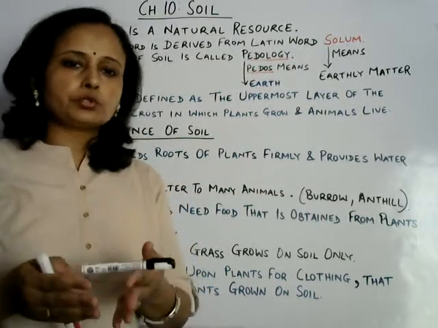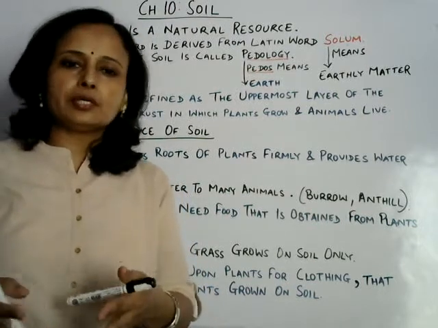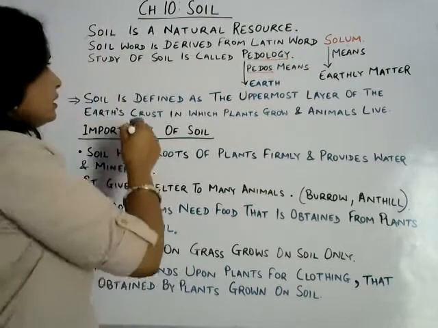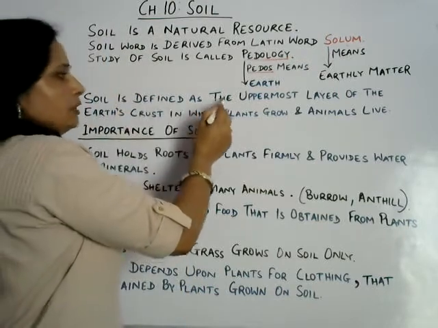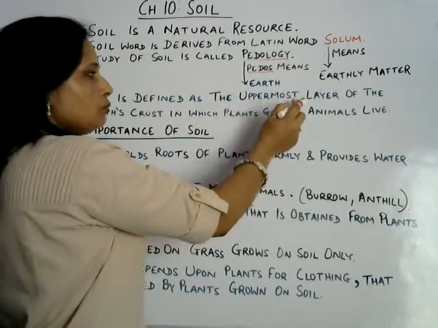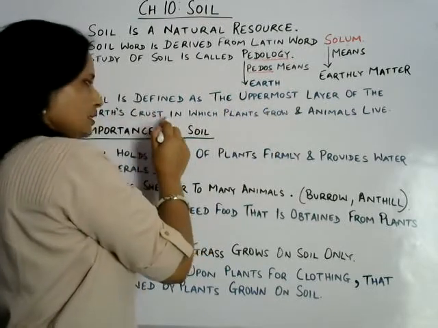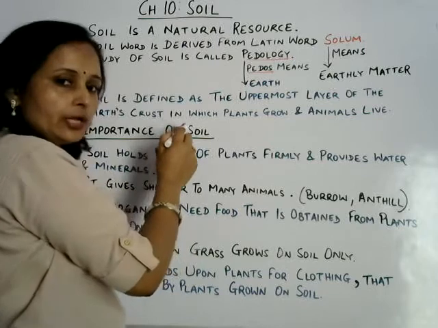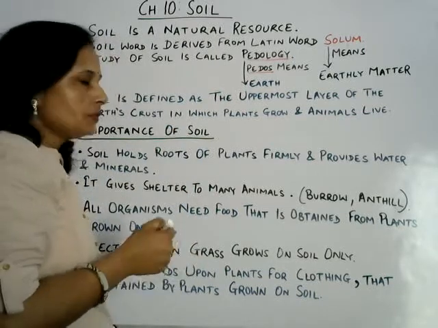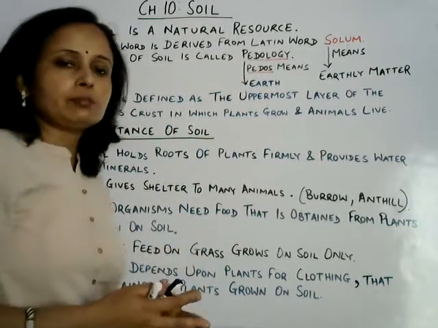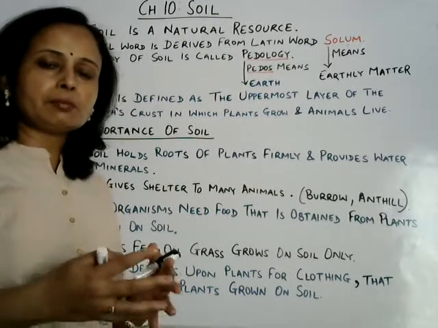If we go through the definition of soil, it can be defined as the uppermost layer of the earth's crust. What is soil? Uppermost layer of earth's crust. अर्थ कितने पार्ट्स में है?